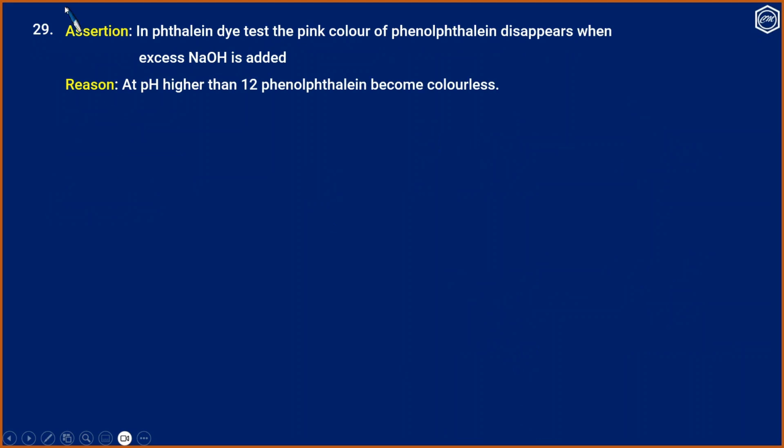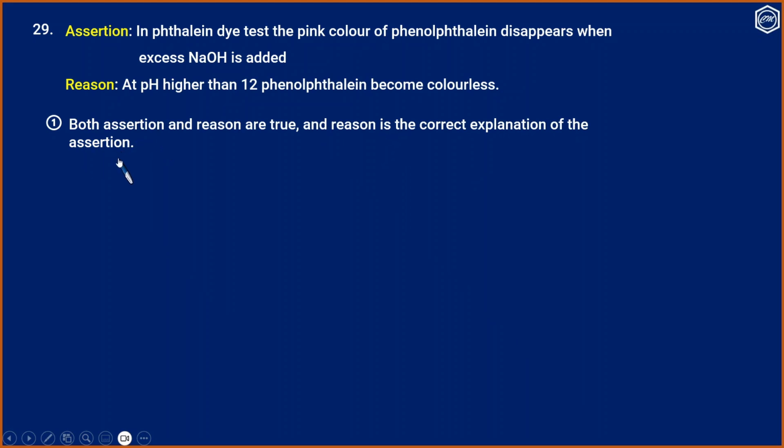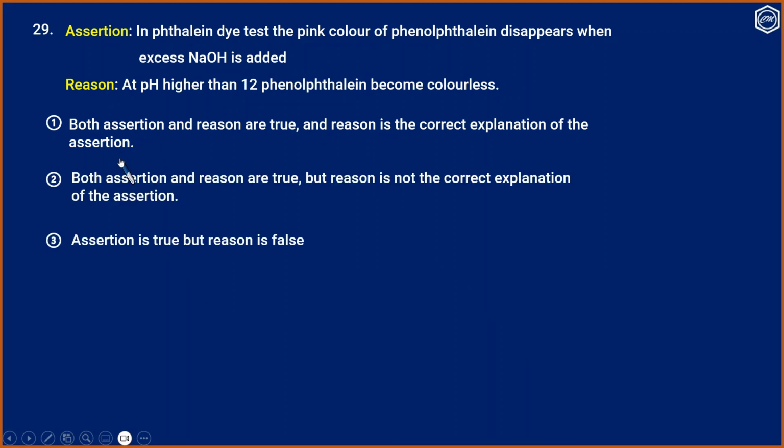Question number 29. Assertion: In phthalein dye test, pink color of phenolphthalein disappears when excess sodium hydroxide is added. Reason: at pH higher than 12, phenolphthalein becomes colorless. Options 1, 2, 3, 4. And we know that if you add excess sodium hydroxide, the color of phenolphthalein disappears.